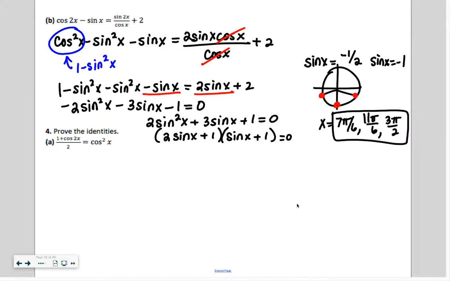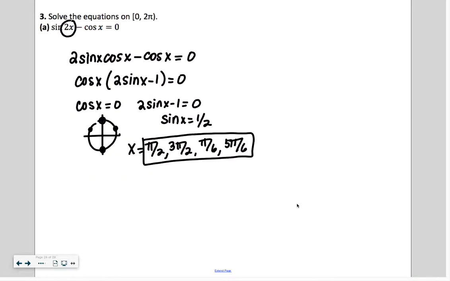So here we go. I always say start with the more complicated side. So in this case, I'm going to start with the left-hand side, which is 1 plus cosine of 2x over 2. And I see that on the right-hand side, I don't have a 2x going on. I have an x. So I want to get this to a single angle. So I can replace this cosine of 2x with cosine squared x minus sine squared x, but do you think maybe there's a better choice?